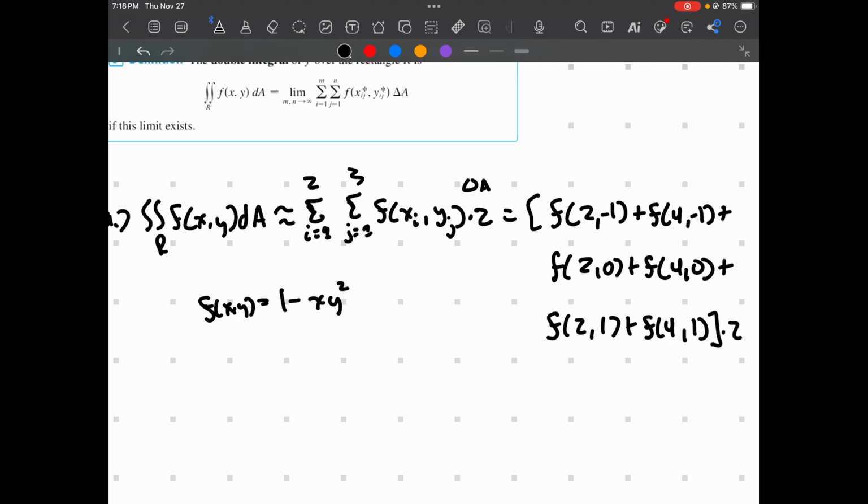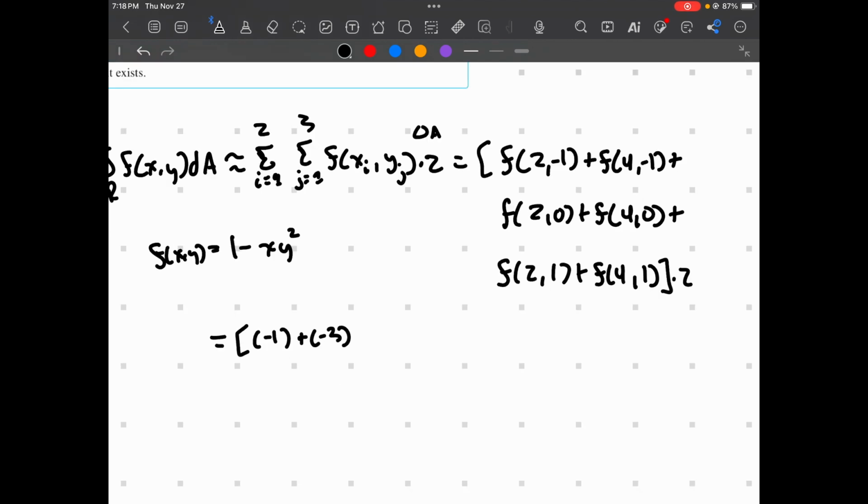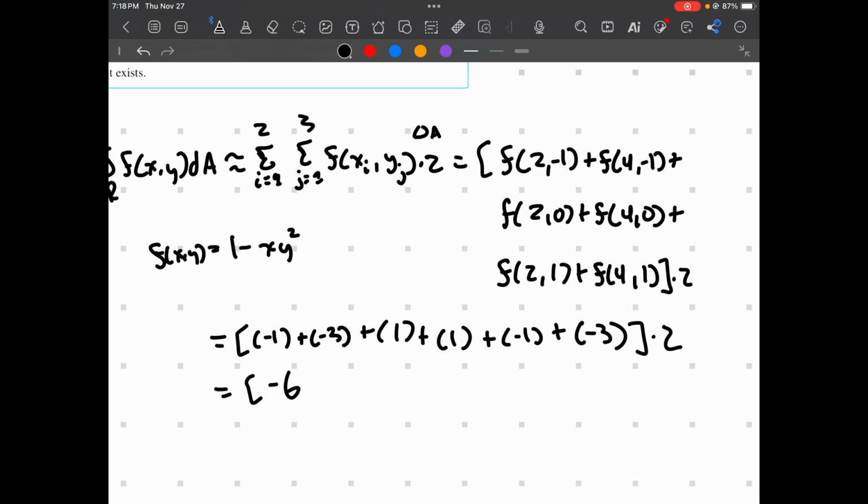Plugging these points into our function, we find that this will equal -1 plus -3 plus 1 plus 1 plus -1 plus -3, times 2, which is -6 times 2, which is -12. So that is our answer for part A.